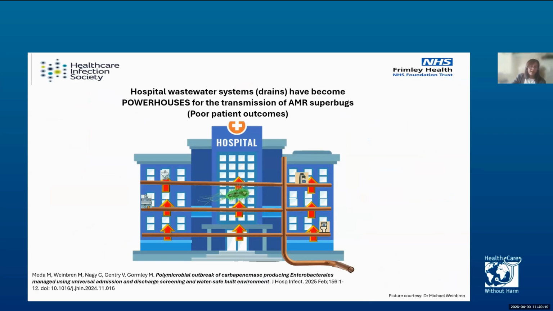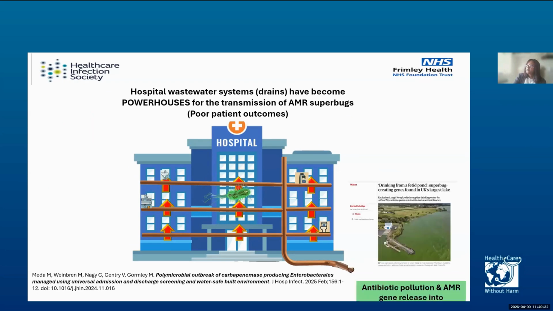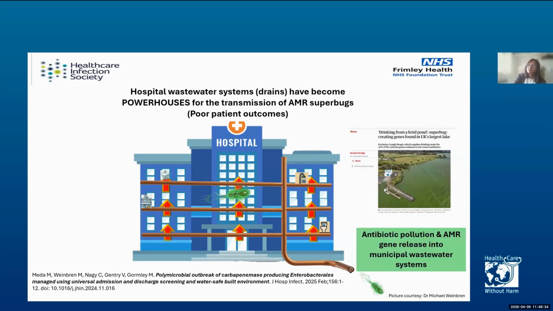And we know that that leads to poor patient outcomes in terms of increased morbidity and mortality risks when compared to infections with susceptible organisms. The mortality with AMR bugs is at least 3 times. And not just the transmission risks within hospitals, what we're also doing is throwing these AMR genes and AMR bacteria into our municipal wastewater systems, again, like you've already heard.